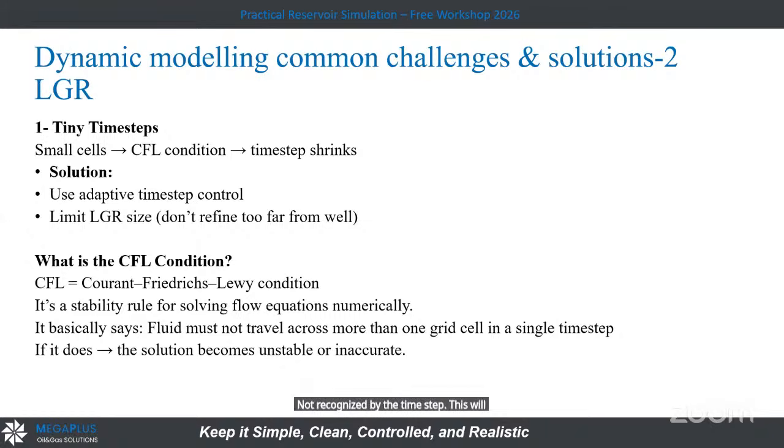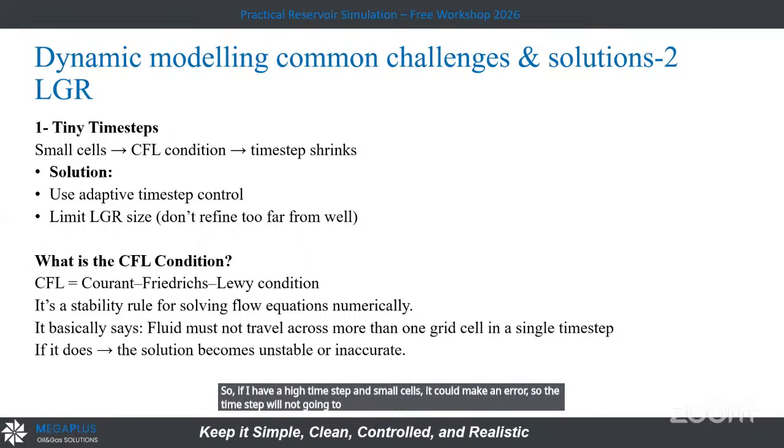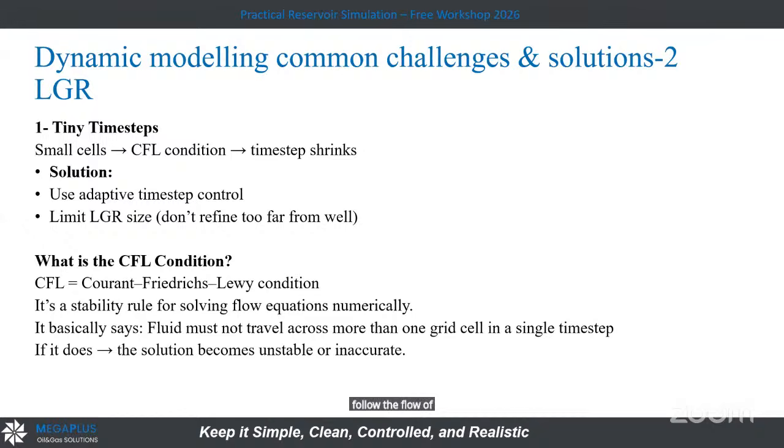This will cause an error. So according to the grid size, I have to run with a time step proper for this model. If I have a high time step and small cells, it could make an error, because the time step will not follow the flow of the cells. So you have to take care about this if you are working with local grid refining.